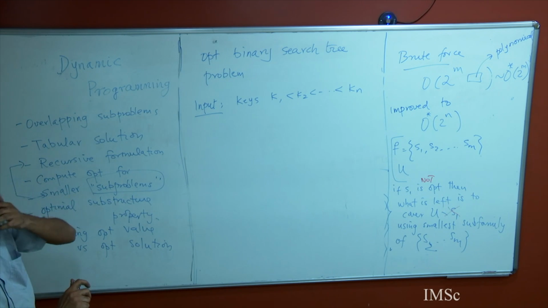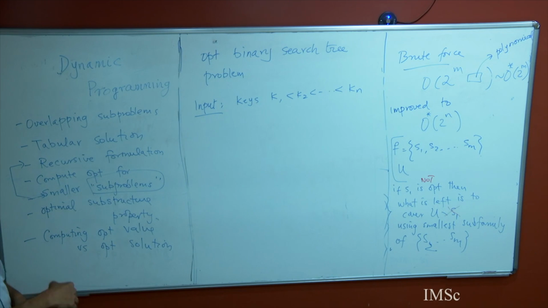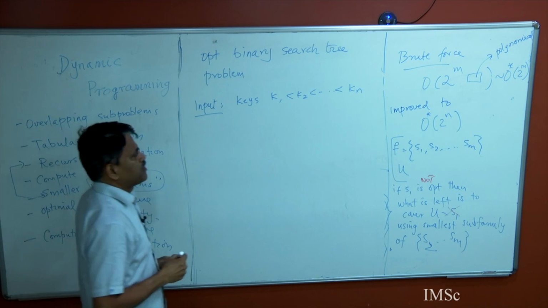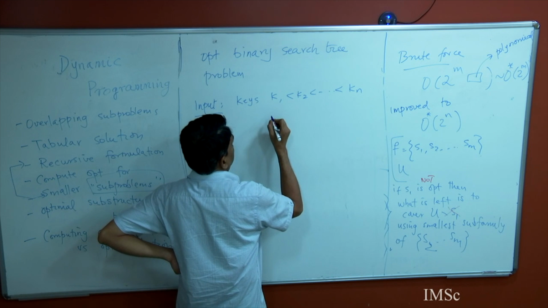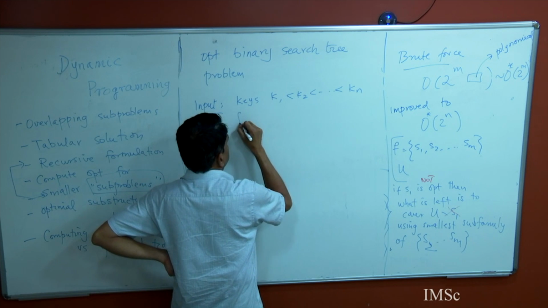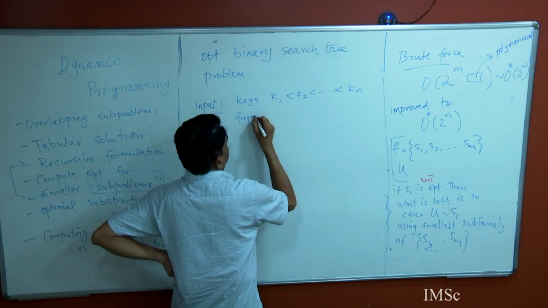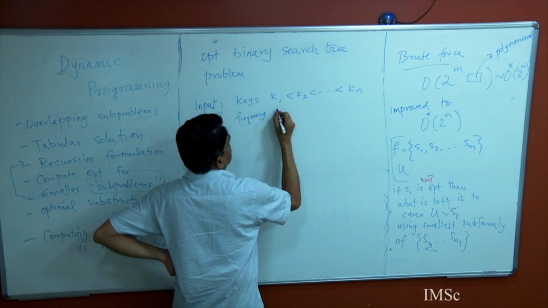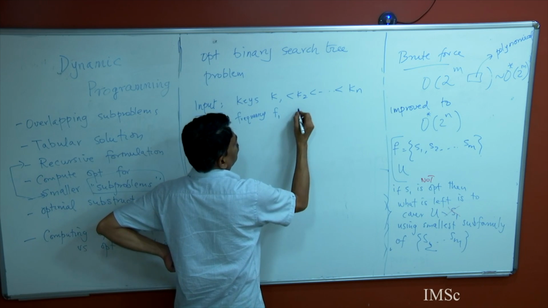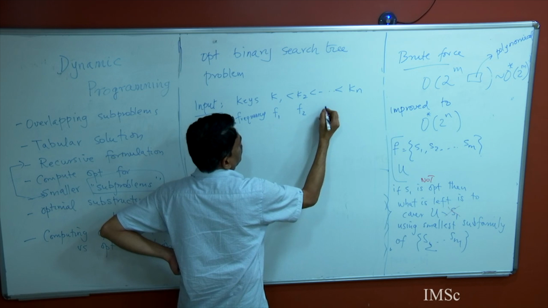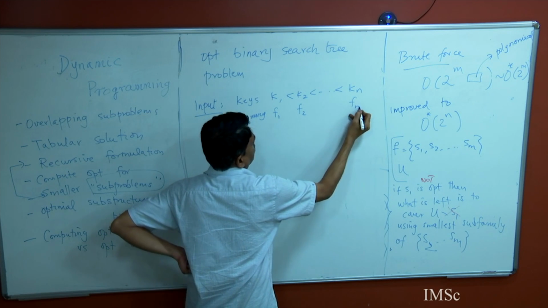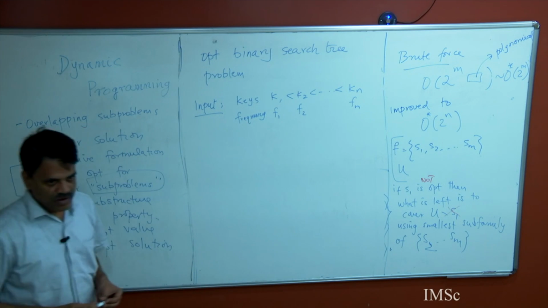Now, I am also going to give you some more information, and I am going to tell you the frequencies. This k1 is going to be accessed f1 times, k2 is going to be accessed f2 times, kn is going to be accessed fn times.